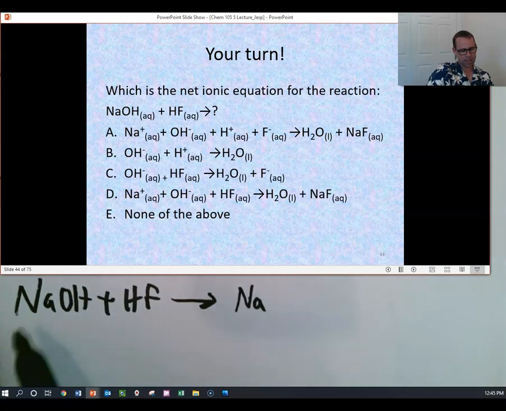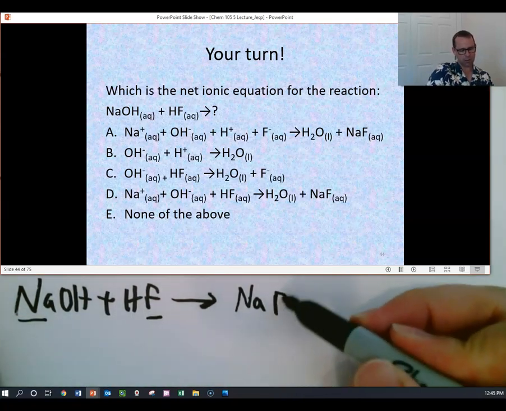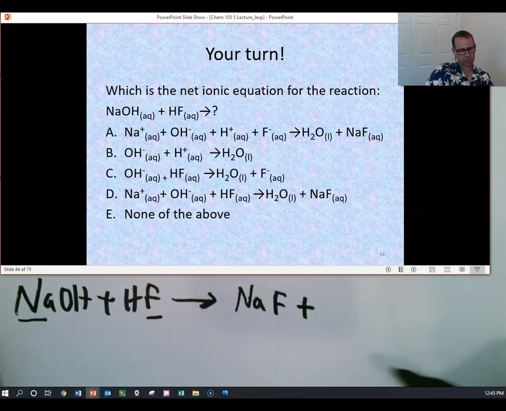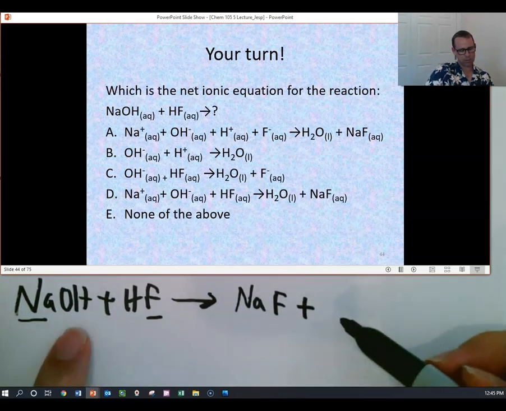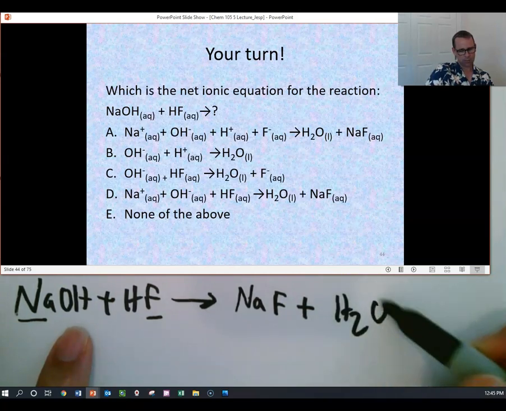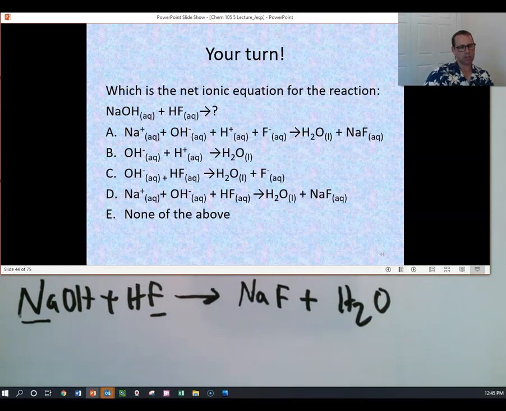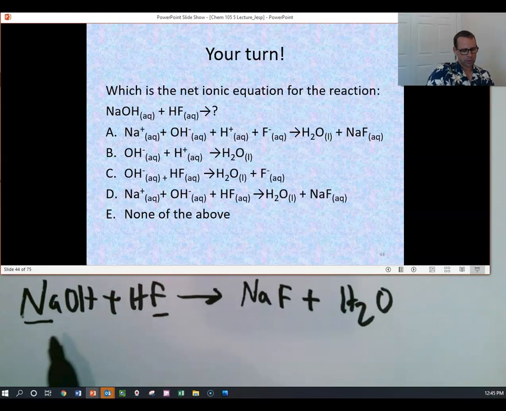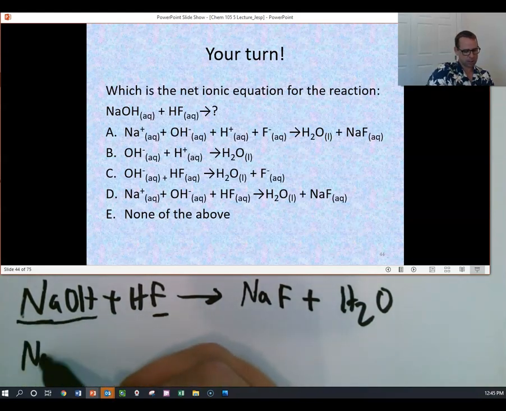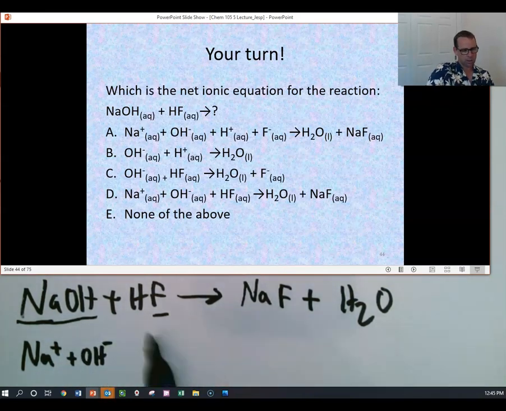No. The Na trades places and now goes with the F, right? NaF. And what's left? Oh, water. That's right. Very good. So now, if this is our equation, can we break it into our ionic equation? Yeah. Sodium hydroxide, that is a soluble compound. So this is going to be the sodium ion and the hydroxide ion.